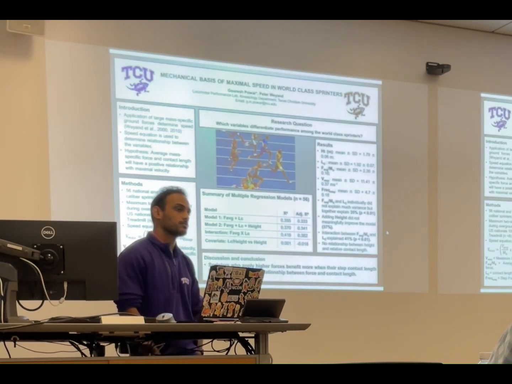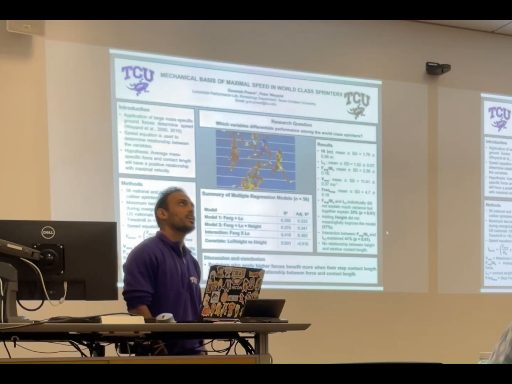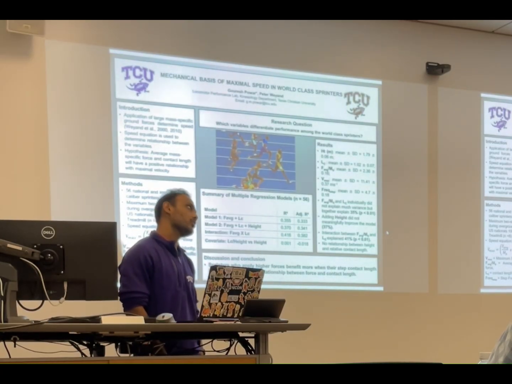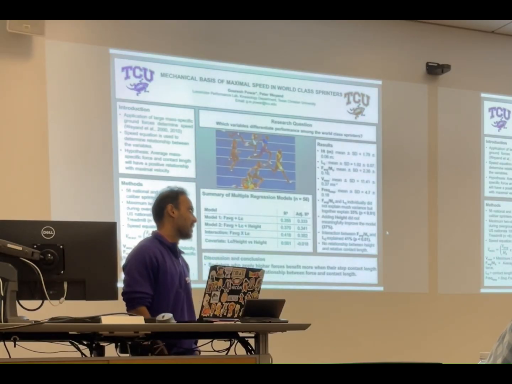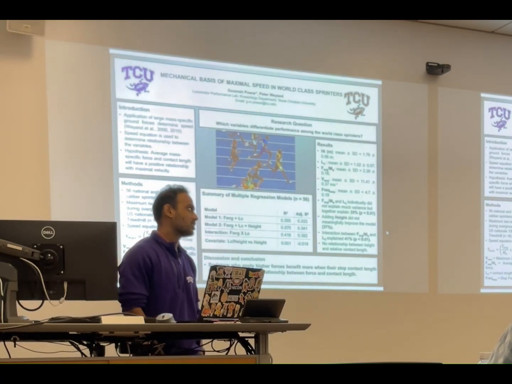Because you were saying, if I'm understanding correctly, that getting farther while you're in the air is one of the ways. Based on the study we did, leg length is basically 0.55 of the height, which is the leg length for the African descent population, for whom the study has been done. Based on that, leg length is not correlated with height.